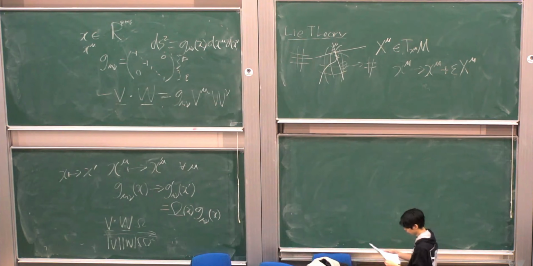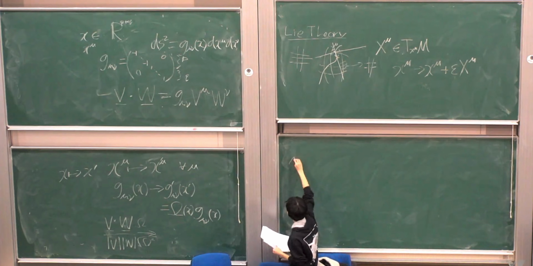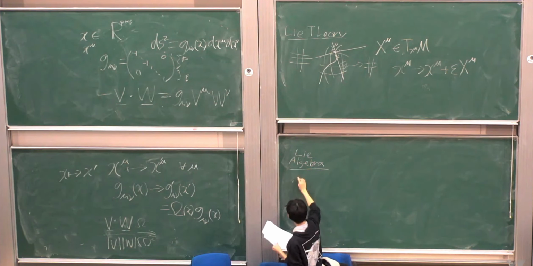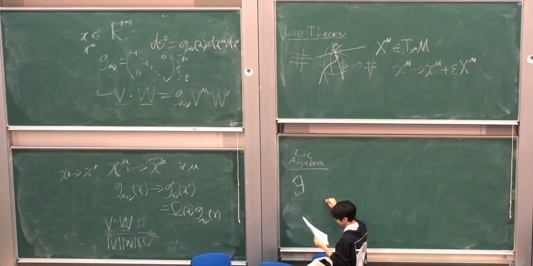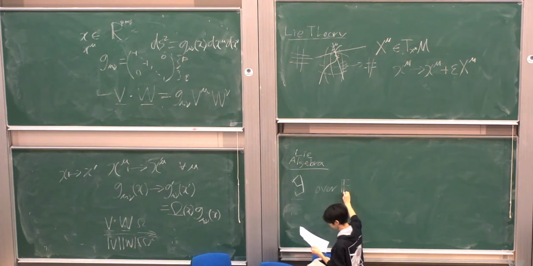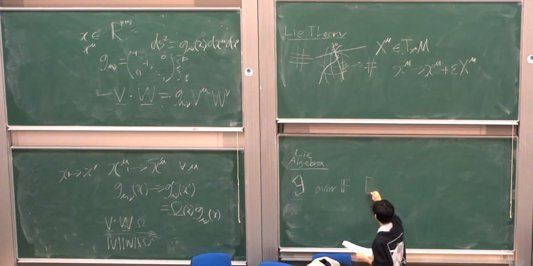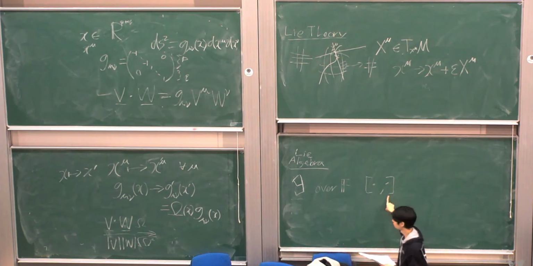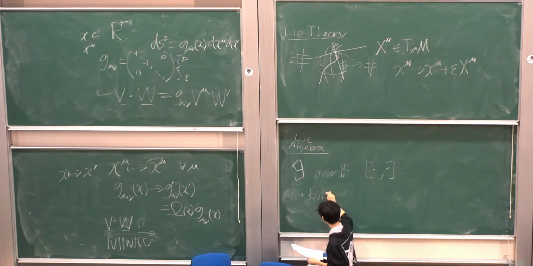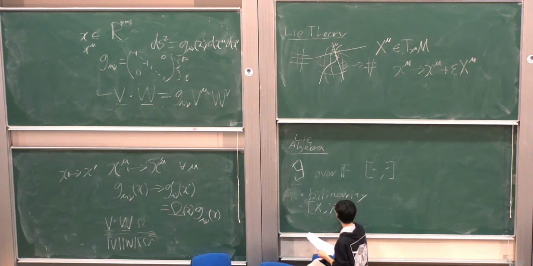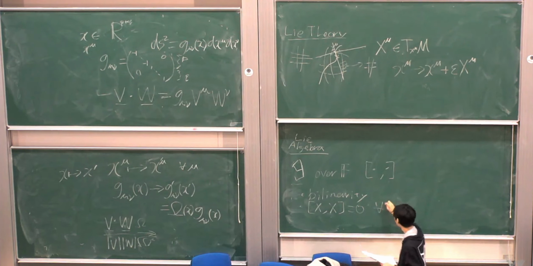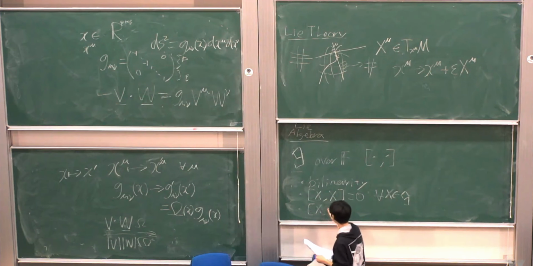And the Lie algebra is defined as a vector space G over some field with a binary operation, which we call the Lie bracket, satisfying three axioms, which are bilinearity, and the alternating property, for all x in the vector space. And lastly, the Jacobi identity.